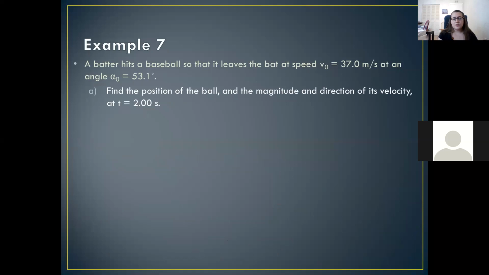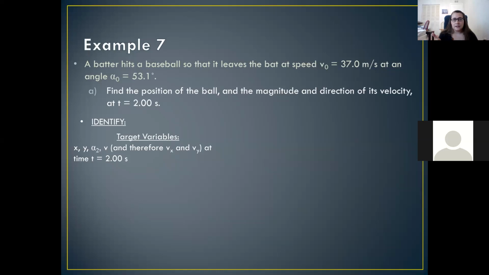So we're going to go through the same problem-solving process. We're going to identify our variables. The target variables we're looking for in this part are our position, so x and y, and the magnitude and direction of the velocity. So our direction is alpha 2, and there's a 2 there just because it's at time of 2 seconds, and a velocity.